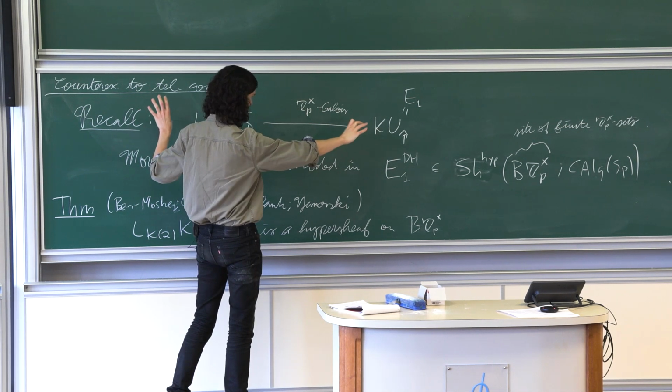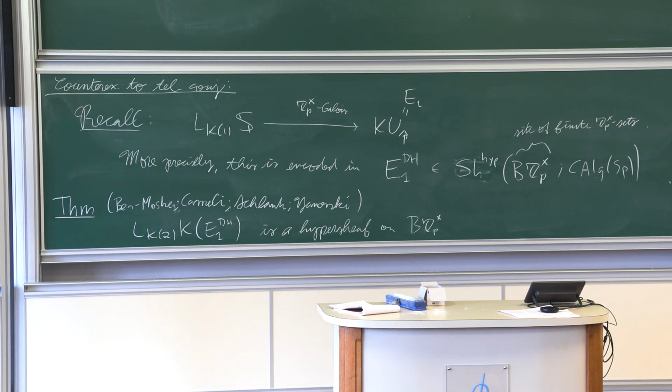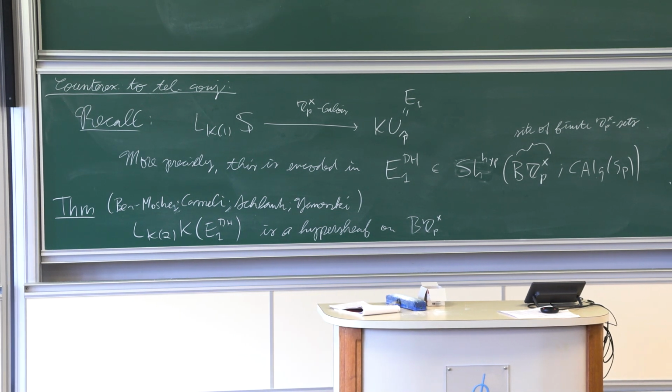But if the complexity is bounded uniformly in the finite extension, then you're a hypersheaf, and conversely. To illustrate this, let me also give an example of a sheaf which is not a hypersheaf.